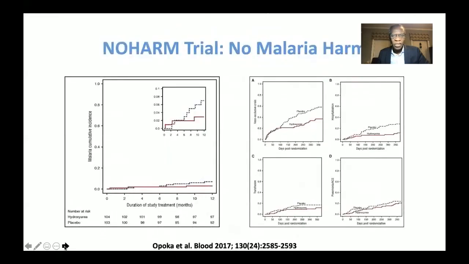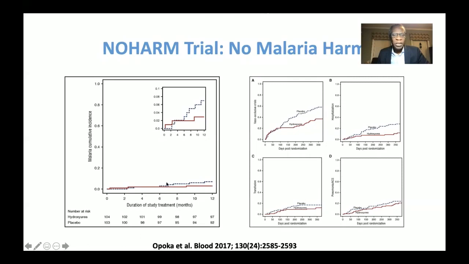There have been concerns that hydroxyurea therapy might increase the risk of malaria infection in malaria endemic areas. This study, the NOHARM trial, which was done in Uganda, was a study where regulators allowed a placebo study with hydroxyurea because it was not known what hydroxyurea would do in terms of malaria incidence in infants.